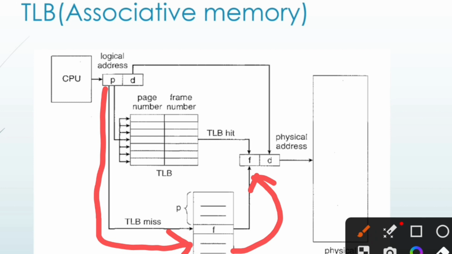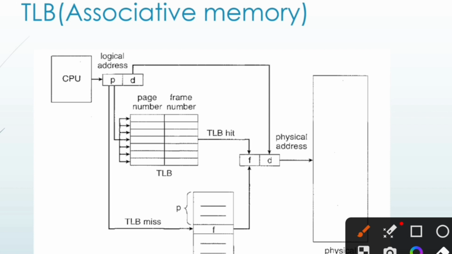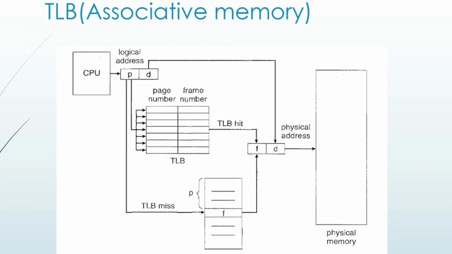Then we will be able to arrive at the physical memory. Whenever we get a TLB miss and we find the corresponding frame from the page table, that entry will be stored in the TLB. Hence, the next time we try to get the corresponding page number, we will get it from the TLB itself. So, the TLB is a fast and the best hardware implementation of the page table.